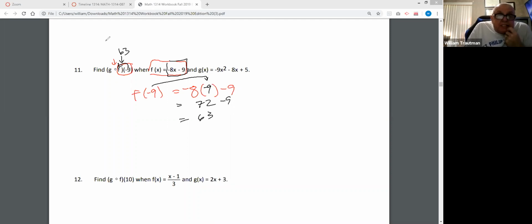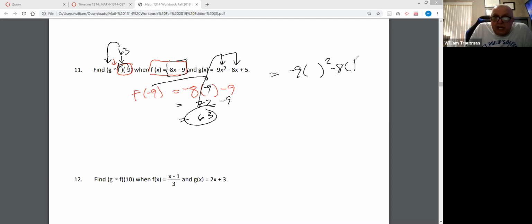You take this answer, 63, and plug it into the g. Whatever you get for f of negative 9, you plug that answer into g. So this 63, I'm going to plug into the x values for g: negative 9x squared minus 8x plus 5. And I'm going to put this in my calculator.